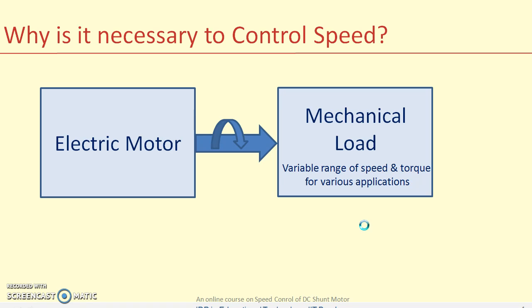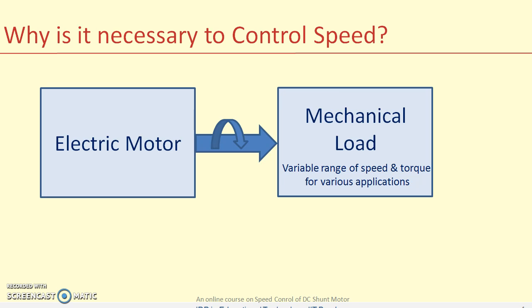It may be the shaft of an elevator or escalator, or the shaft of a motor used in industries, rolling mills, ball rolling machines. These different types of application require different ranges of speed.